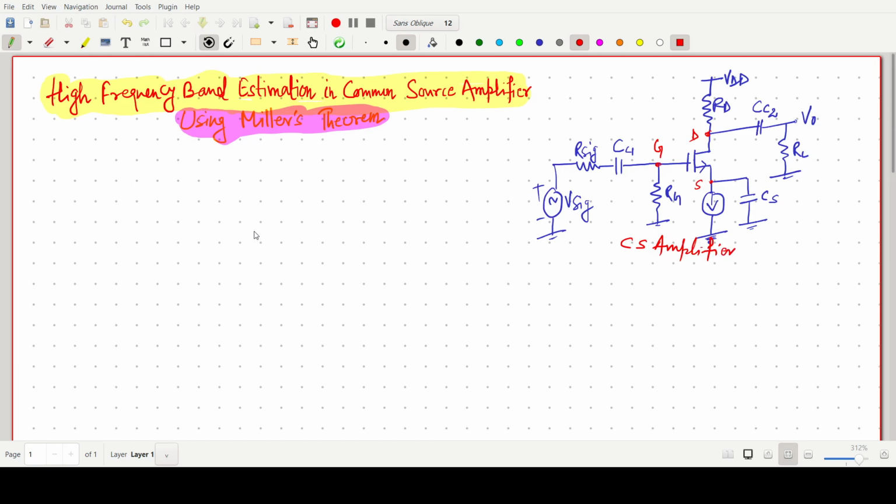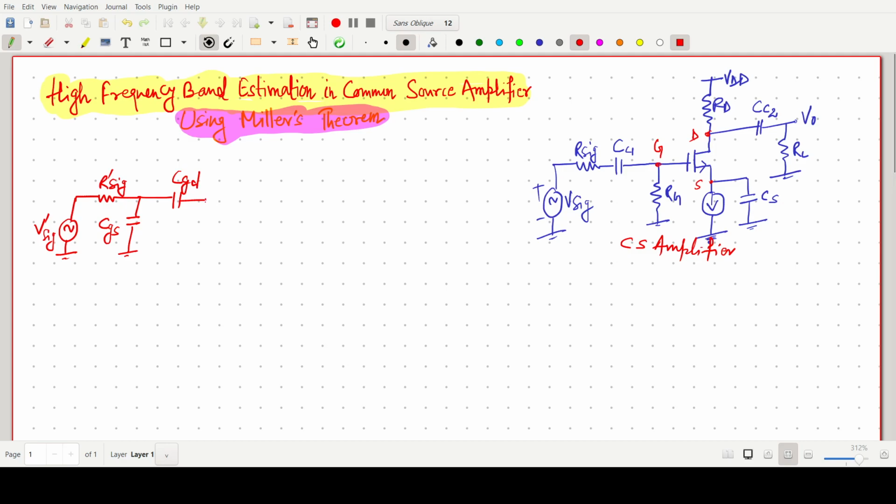So the very first step for such problem is to draw the generalized high frequency model. So I am drawing the high frequency model. R dash signal, I will tell why I am writing R dash signal, and there should be some gate to source capacitance and one CGD.